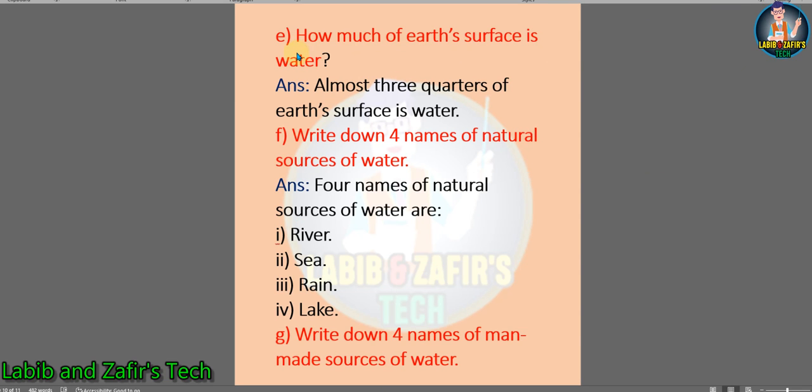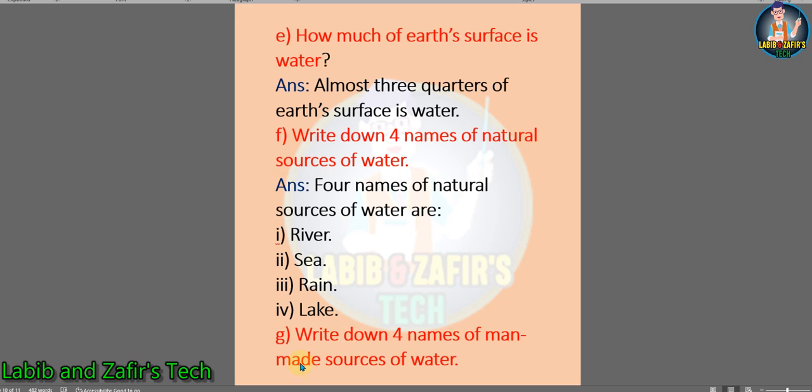So number E. How much of Earth's surface is water? Answer: almost 3/4 of Earth's surface is water. Number F. Write down 4 names of natural sources of water. Answer: 4 names of natural sources of water are: number 1, river; number 2, sea; number 3, rain; number 4, lake.